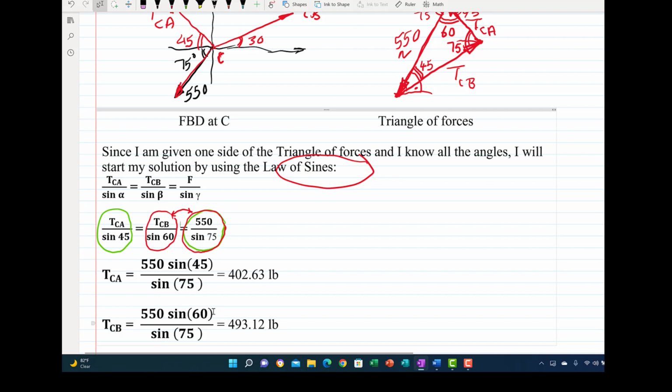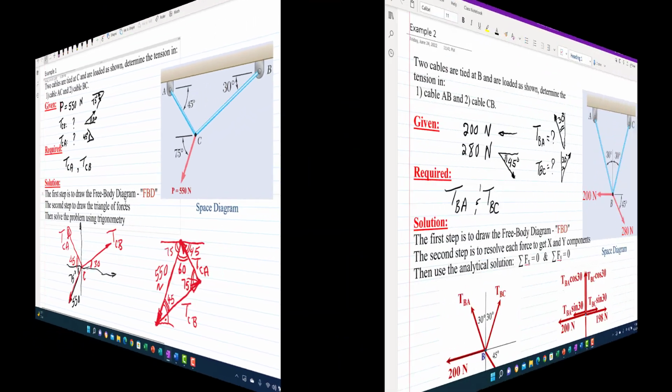I multiply sine 60 to the other side, and then you get TCB. This way I was able to get both values: the tension in cable CB and the tension in cable CA. This is by adopting the methodology we just learned.